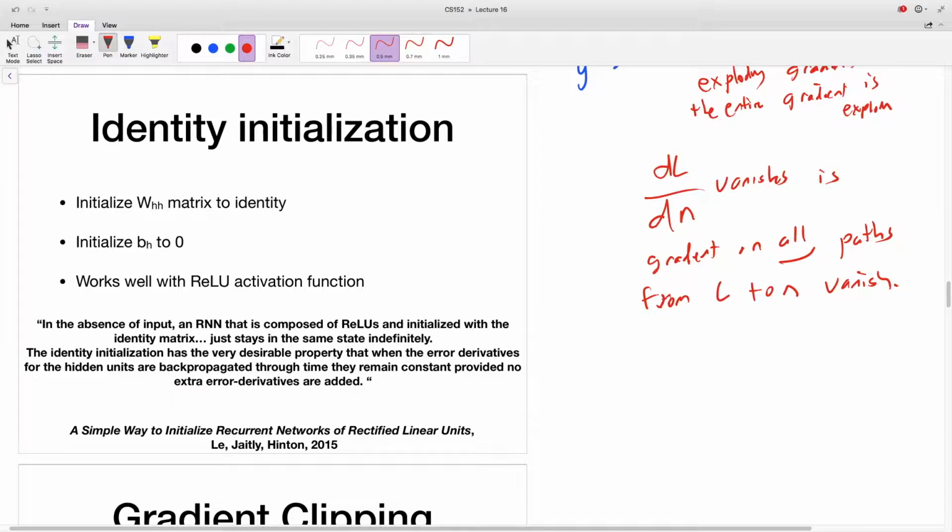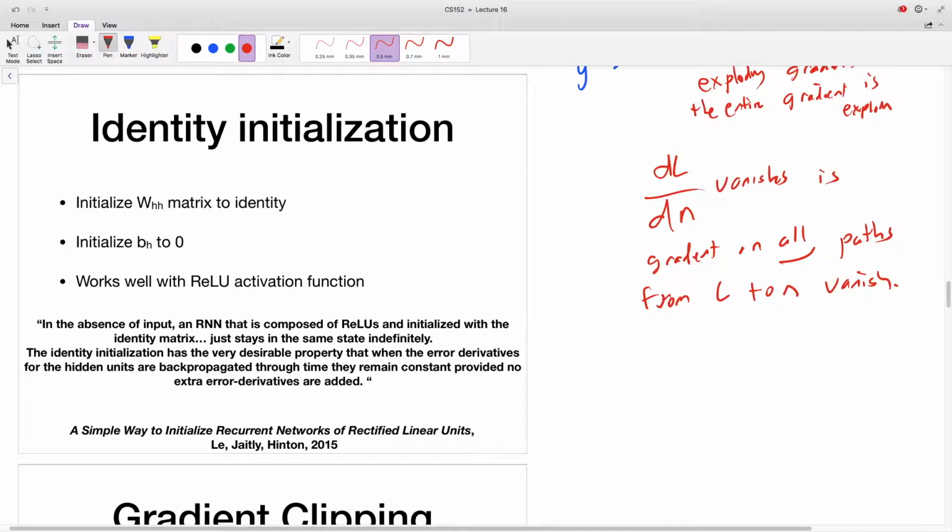And basically what they said is, initializing the weight matrix, the HH weight matrix, to an identity matrix is a very good place to start. In fact, we don't need tanh, and we can talk just a little bit about why we have tanh, but we don't need tanh, just use a ReLU. Works pretty darn well. Why the identity matrix?